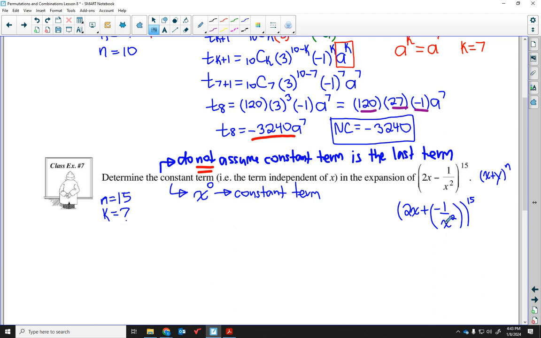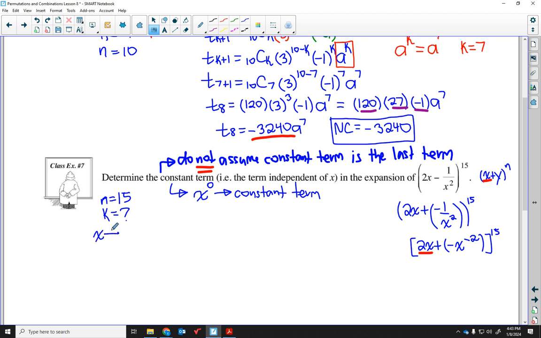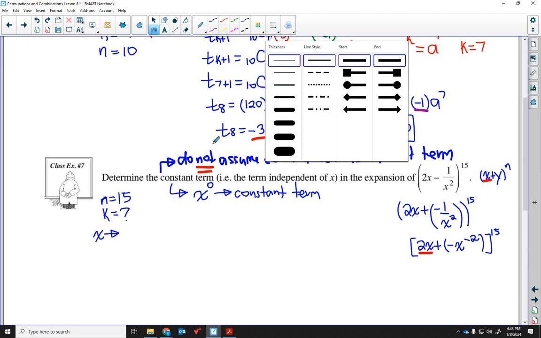So I'm going to rewrite this so the x is in the numerator. If you have x squared in the denominator and you move it up to the numerator, we can just write it as a negative exponent. So we'd write down 2x plus, in brackets, negative x to the power of negative 2, close the bracket, to the power of 15. So here, it's not x, it's 2x. So let's clarify that substitution. Not x, it's 2x.